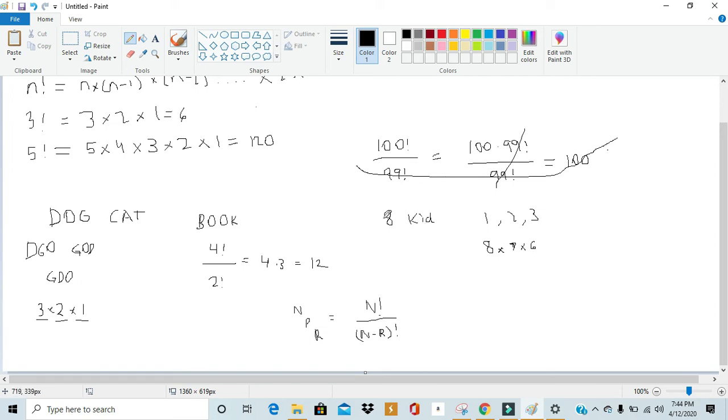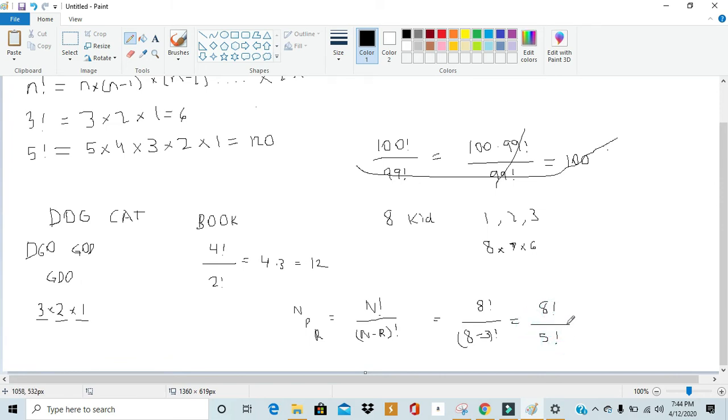Well, n is the 8 kids. There are 8 kids, and you want to pick 3 of them to be in first, second, and third place. So we would get 8 factorial over 8 minus 3 factorial. Now 8 minus 3 is 5, so it's 8 factorial over 5 factorial.